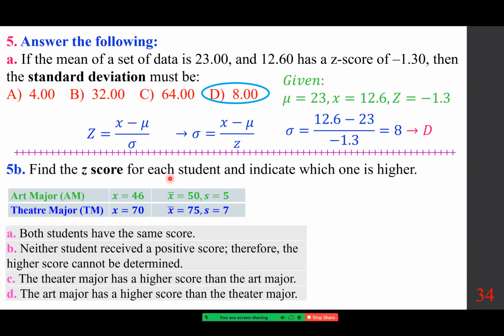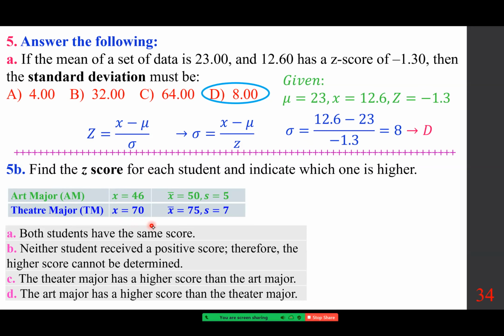Find the z-score for each student and indicate which one is higher. We are looking at art major versus theater major, and because of that, we just don't look at their raw data, we will look at their z-score. So z-score uses x minus mu over sigma, or x minus x bar over s. So we calculate for each one.